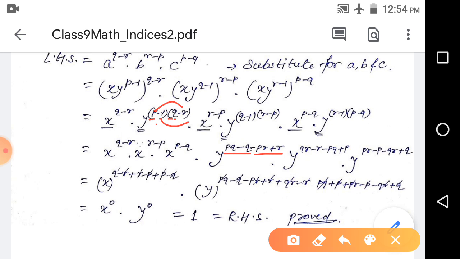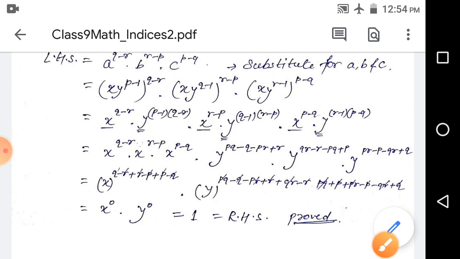So this is the power of y for this term only. Similarly for the other terms, these powers are multiplied, and we have this line. Now we have the same base y and the exponents are different, so the exponents are added because those are multiplied.